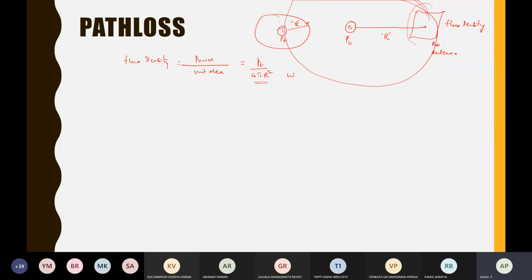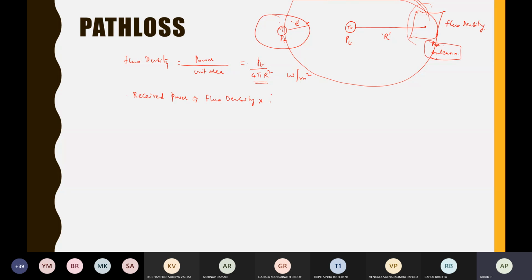So watt per meter square, but we are interested in how much is the actual received power. So received power will be equal to flux density into the effective aperture. At that point that much flux density is there, but what is the characteristic of the receiving antenna?